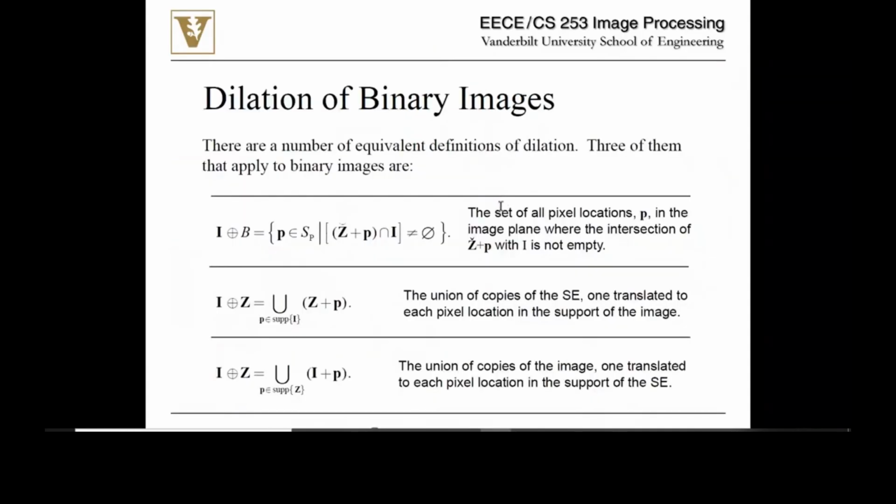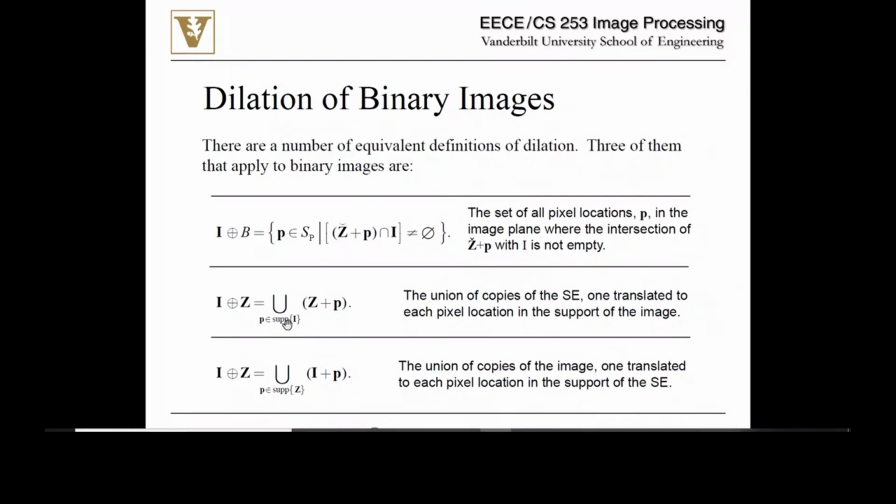Okay, so this is one definition, and we see that this somehow is similar to this convolution that we have defined before. And actually, I can find two other expressions for computing my dilation that are also very much related to the convolution.